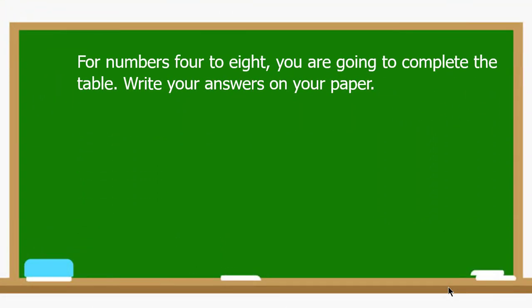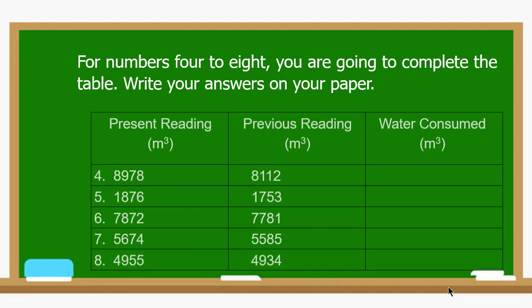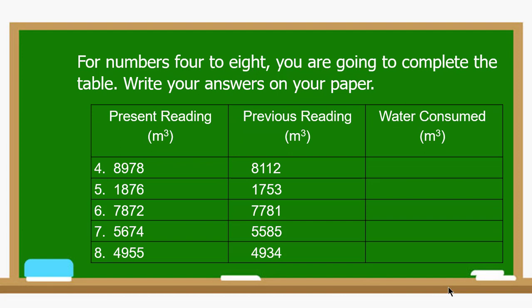For numbers 4 to 8, you are going to complete the table. Write your answers on your paper. On the first column, you have here the present reading. On the second column is the previous reading.